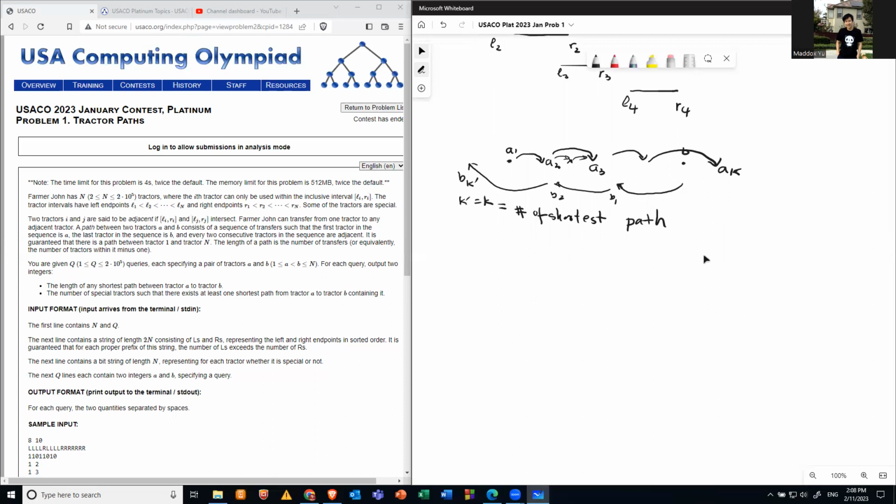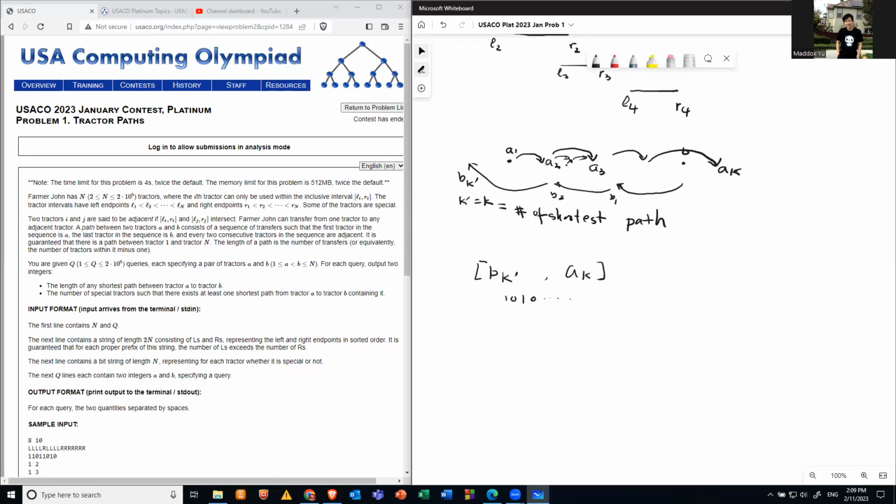And then what about how many special tractors there are? Take this interval from B of K prime, which is B of K, to A of K. Obviously, A of K is bigger than or equal to B of K. Count the number of special tractors inside it, and that is the answer.